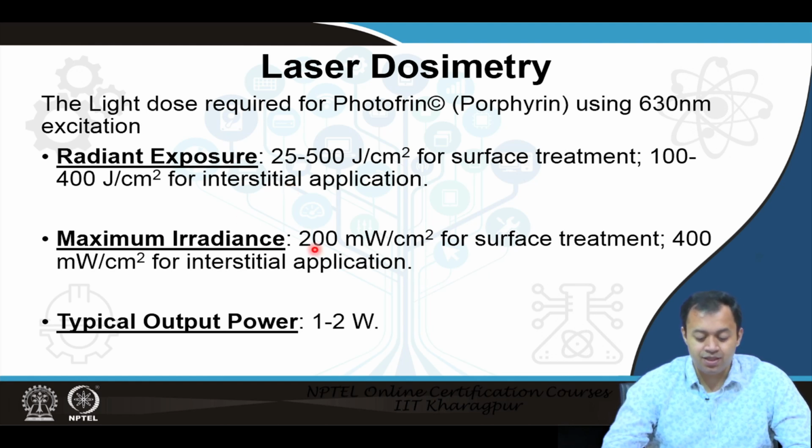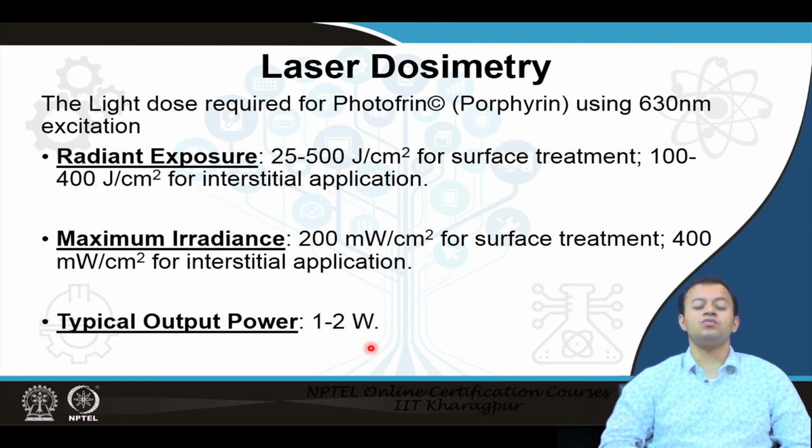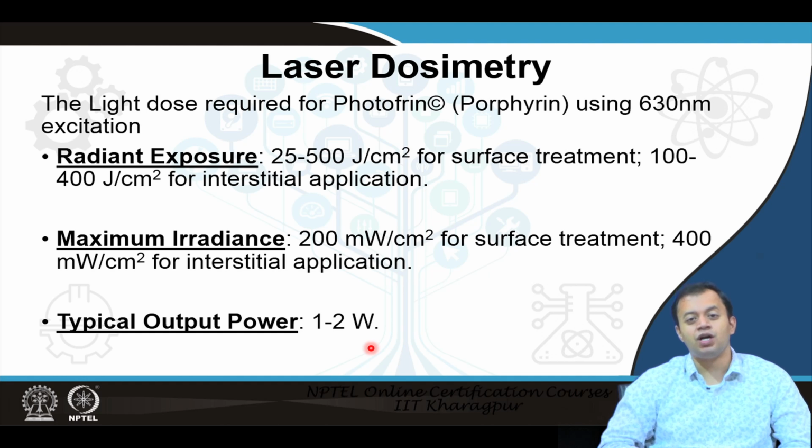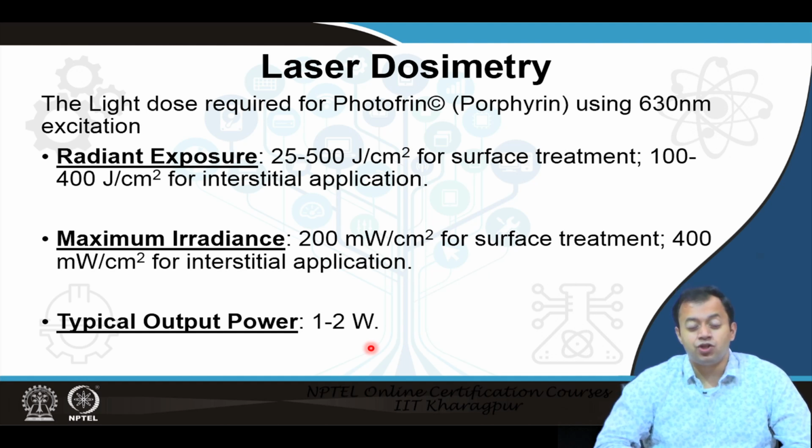Maximum irradiance is 200 milliwatt per centimeter square for surface treatment, 400 milliwatt per centimeter square for interstitial application. And the major problem that we are facing in PDT is the output power has to be 1 to 2 watt. Remember in one of the previous lectures when I encouraged medical practitioners or biotechnologists or even nanotechnologists to try to utilize this in your lab, some kind of a petri dish.